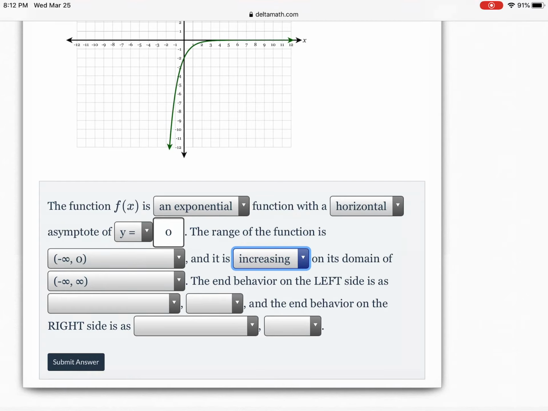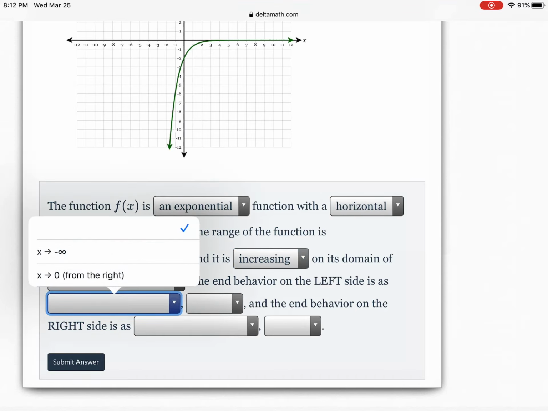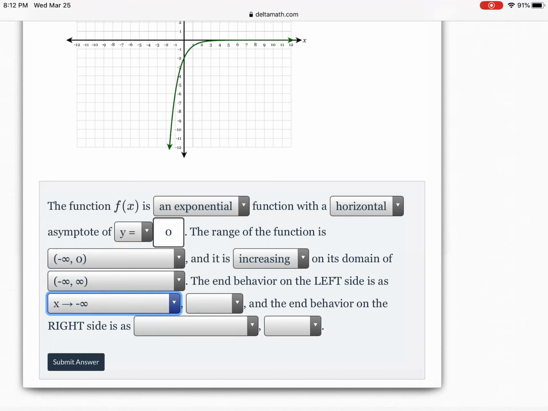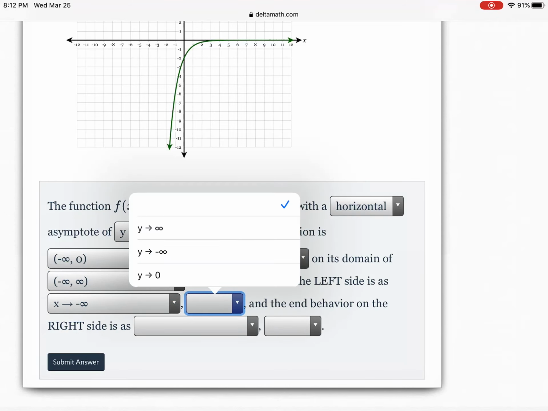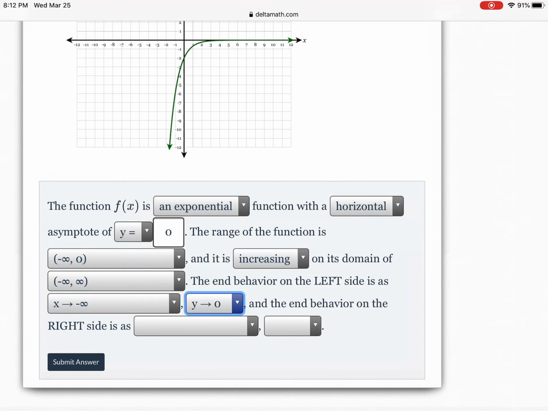So then the end behavior on the left side is x approaches -infinity. And the end behavior on the right side is y approaches 0. So you see that it has a place where it hits an end, it doesn't go past there. That's the y equals 0.